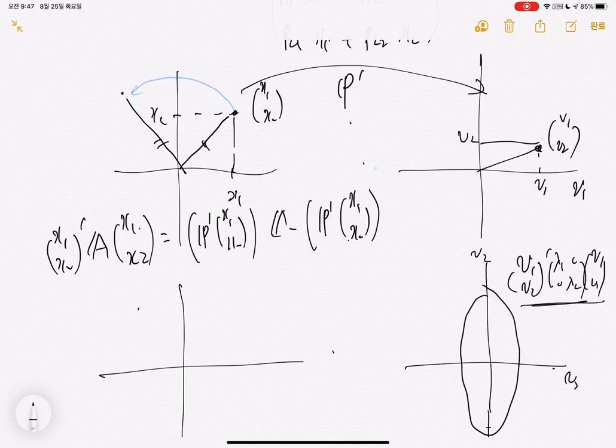So in the new axis here, this is going to be the graph of the quadratic form of A in the x1 and x2 axis, right?